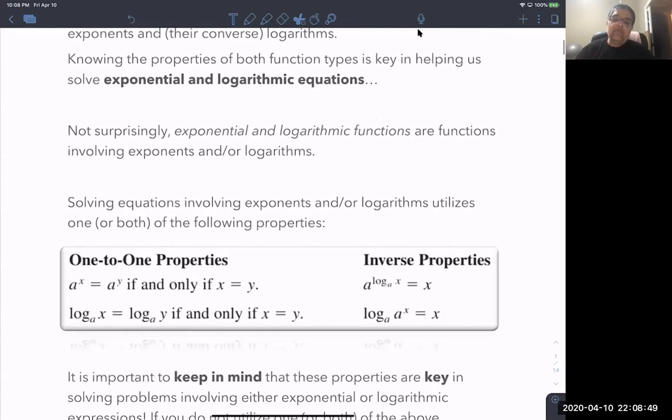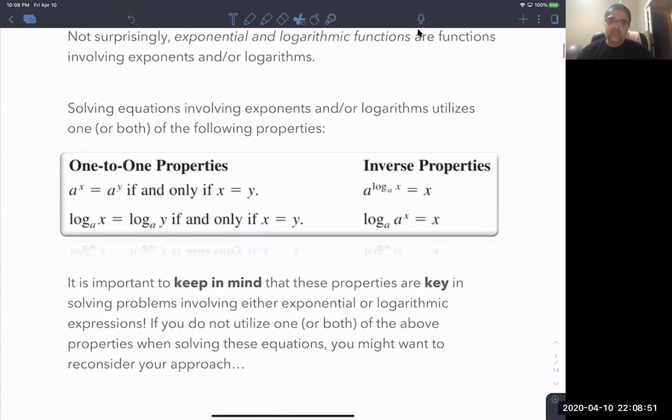So remember our discussion about functions. We said that a relationship or an equation is a function if it meets a certain set of criteria. Those criteria being that for every input there's an output, that not all outputs in the range may be achieved, multiple inputs may have the same output.